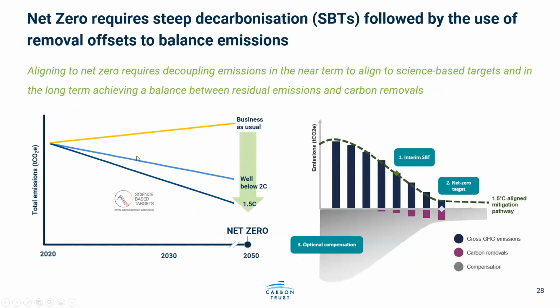So just to sum up this section on targets and just to clarify some of these terminology that's being bandied around now in terms of net zero and science-based targets, SBTs here. A science-based target is essentially a steep decarbonisation target. So this is reducing your absolute emissions from your operations, from your supply chains, from your logistics, etc., in line with the goals of the Paris Agreement.